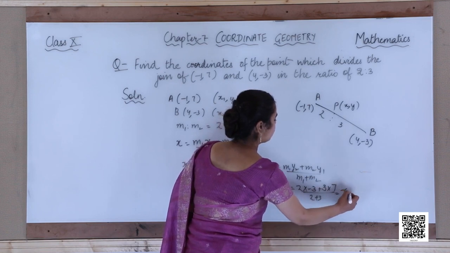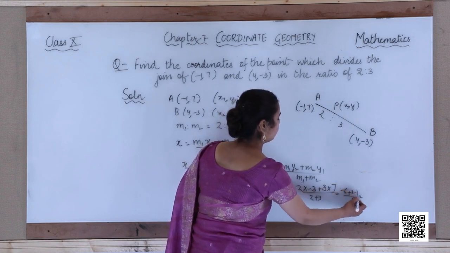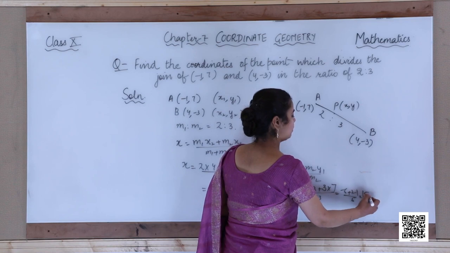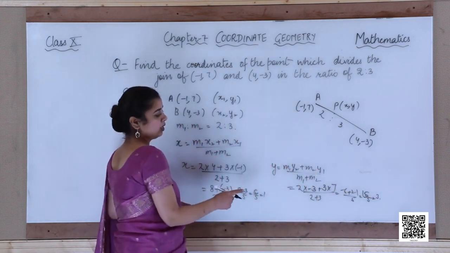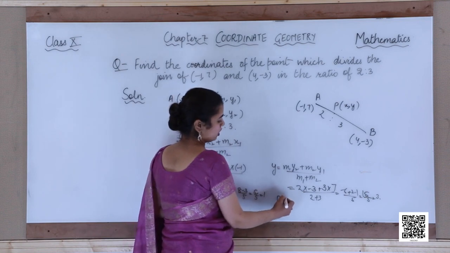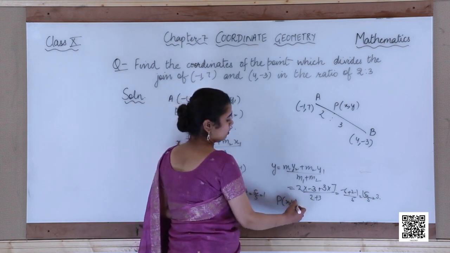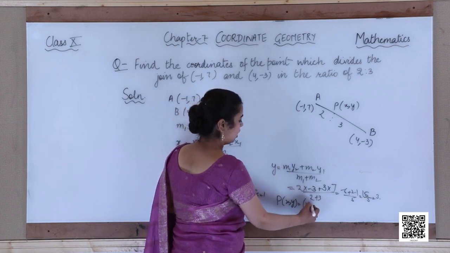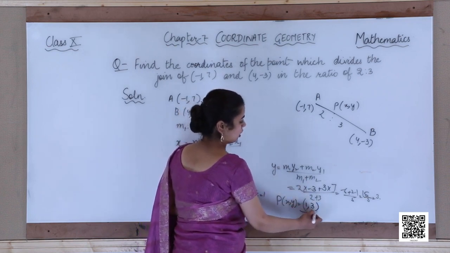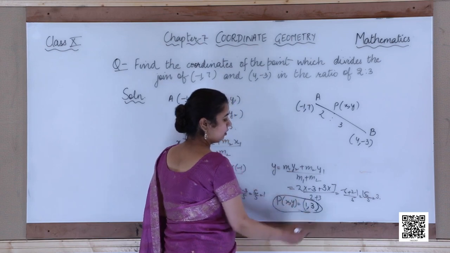So -6 plus 21 upon 5. 21 minus 6 is 15 upon 5 is equal to 3. So we have got x is equal to 1 and y is equal to 3. So the coordinates of P, the point which is dividing the line segment or the join of A and B in the ratio of 2:3 are (1, 3).